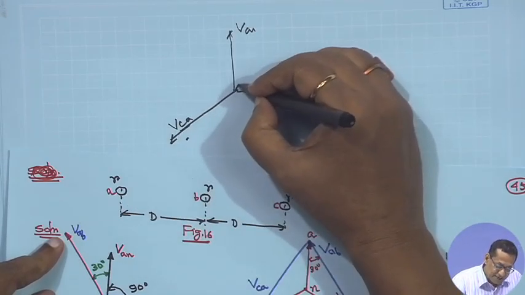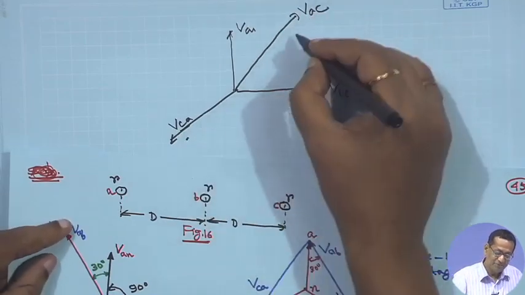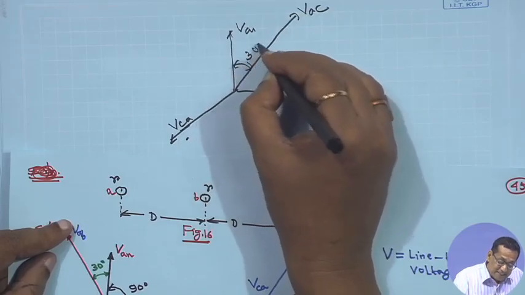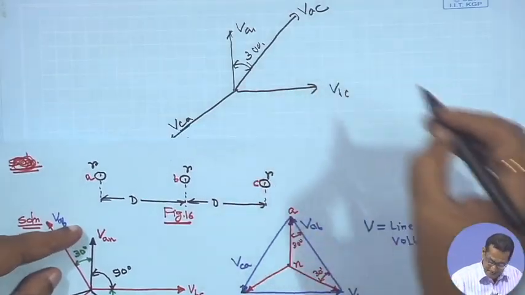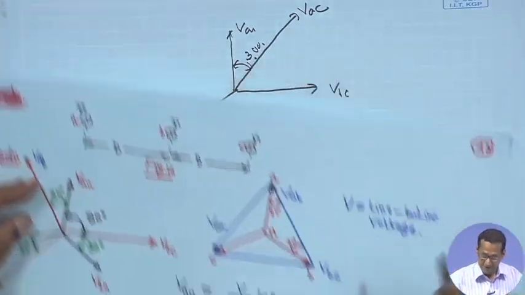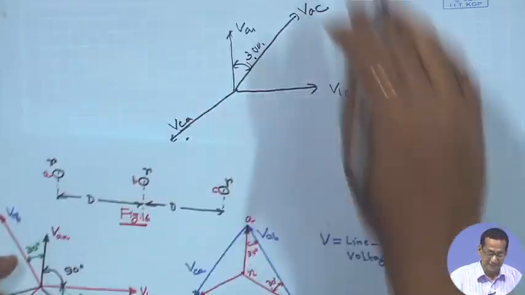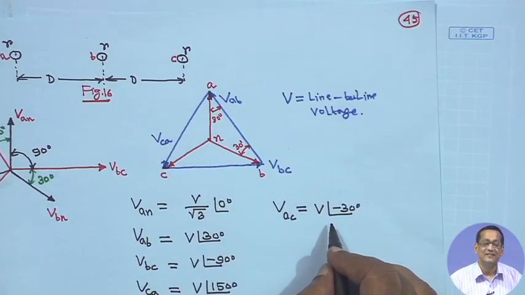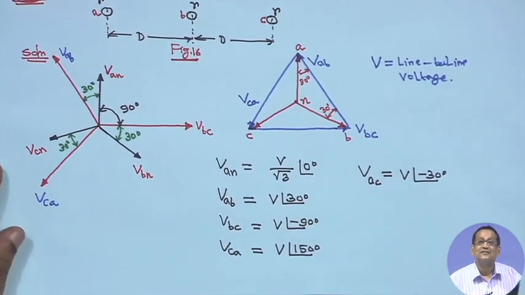If I make it the other way, it will be VAC, just CA to AC, 180 degree. That means this angle is 30 degree, so VAC is lagging from VAN by 30 degree. That is why VAC is equal to V angle minus 30 degree. So, it is understandable, right. Okay, thank you.